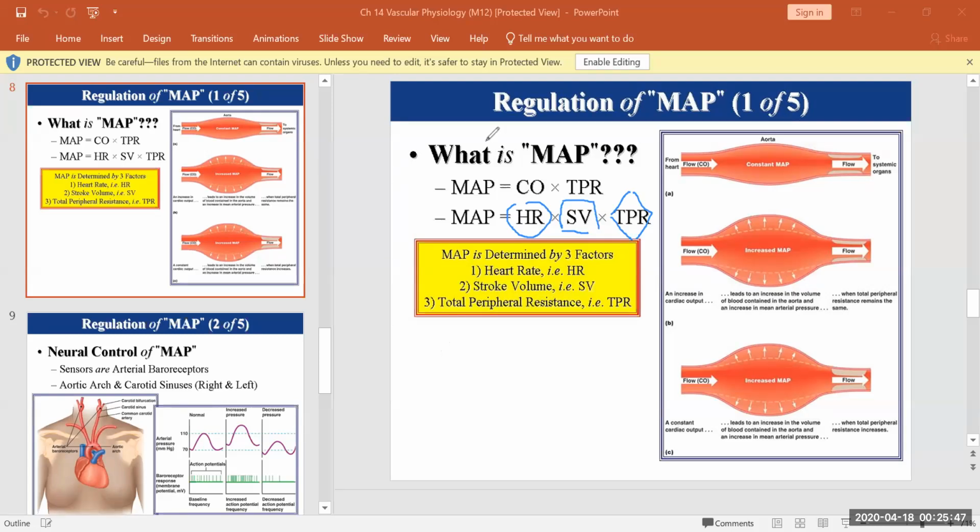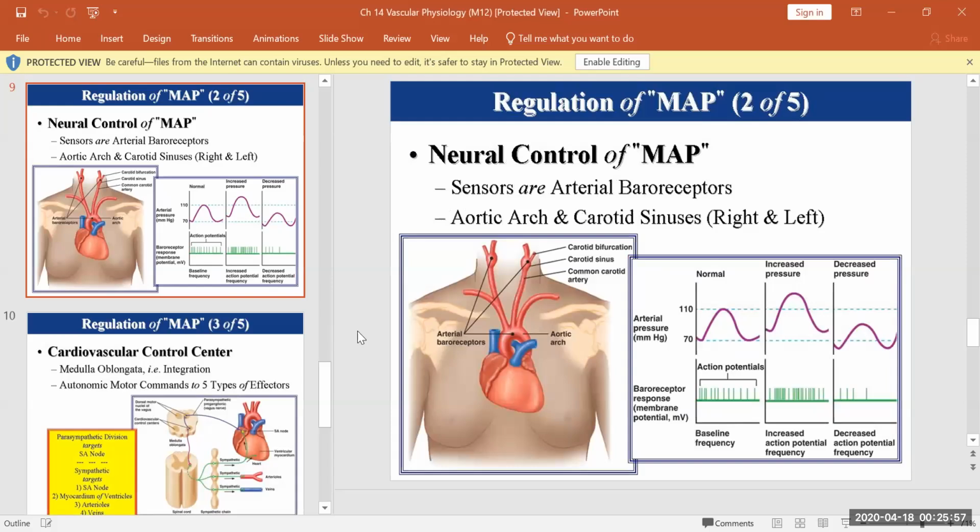So the first one, let me erase this. The first external mechanism coming from the nervous system, we call this neural control of mean arterial pressure. You need to go back a little bit to your anatomy.